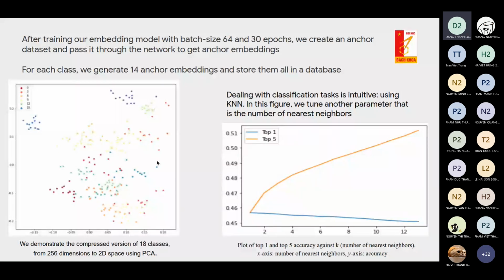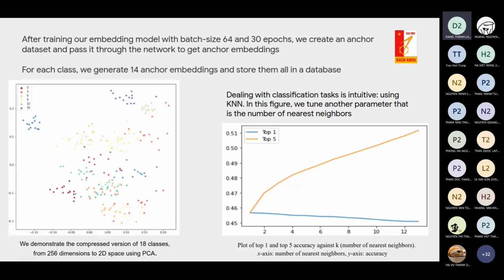We use PCA to map from 2,056 dimensions to a 2-dimensional space. You can see each color is one class, and it's quite obvious.